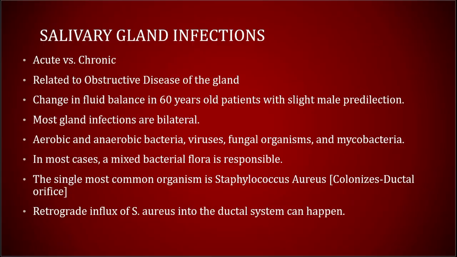Usually there will be pain, swelling, redness when the saliva is coming to come out, with pus coming out of the ductal orifice. Now, some cases are bilateral, some cases are unilateral. It has a slight male predilection. Usually, mixed bacterial flora is responsible, with the most common organism being Staph aureus.